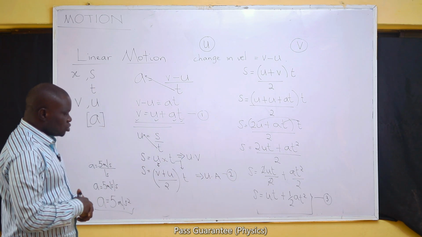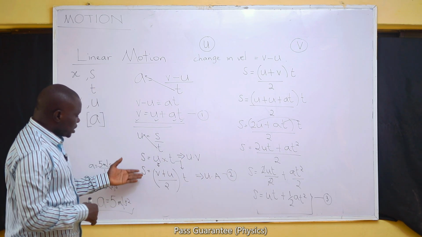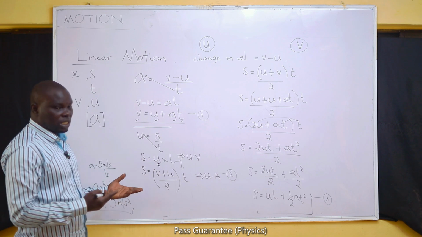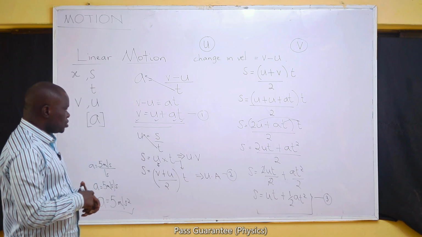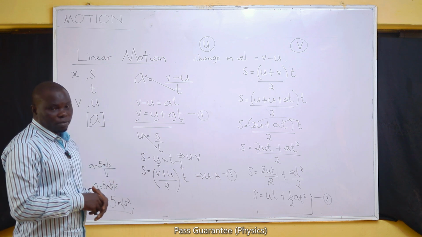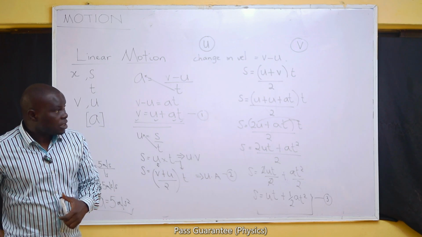Here I've substituted for v. If I decide to substitute for t, I should be able to get another equation of motion that I can use for the problem. Now let us try to look into that.